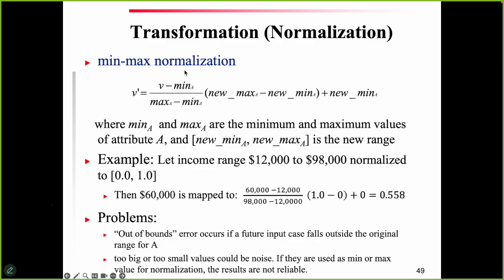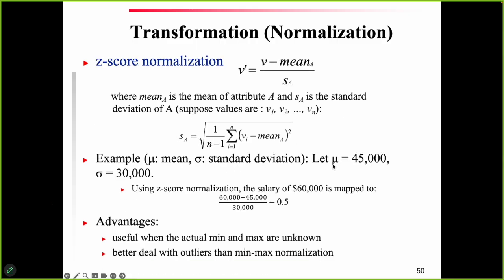You use min-max normalization, if you don't have a strong outlier, like $1 million income here. If that's the case, you can use min-max.